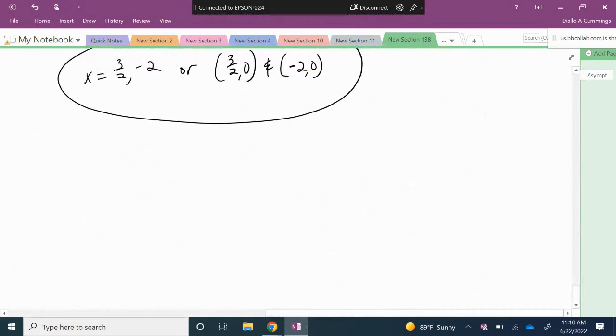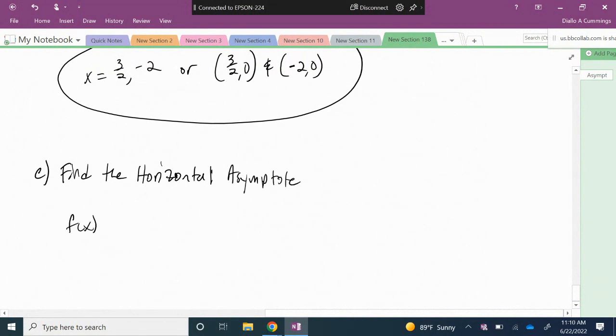All right, now we're going to find the horizontal asymptote. So I'm just going to rewrite the function: 2x squared plus x minus 6 over x minus 2.